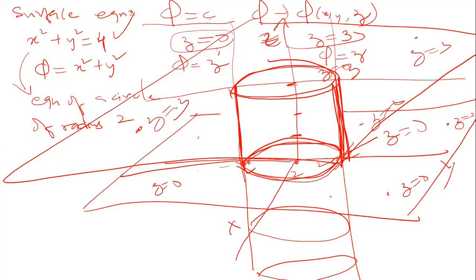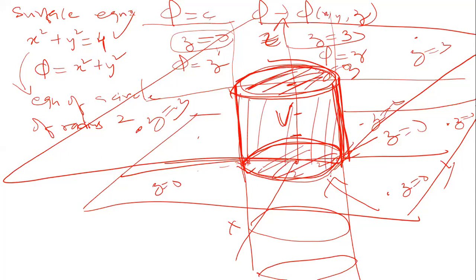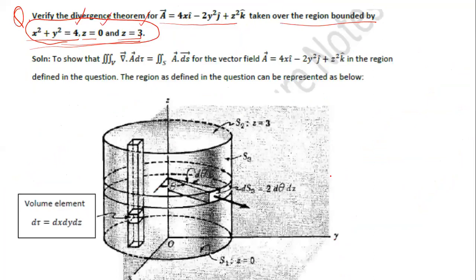Z equal to 0 is cutting the cylinder here, and z equal to 3 is cutting the cylinder again over here. So this is your volume under consideration, the volume enclosed by these three surfaces. I hope you can understand when we represent this using this figure.